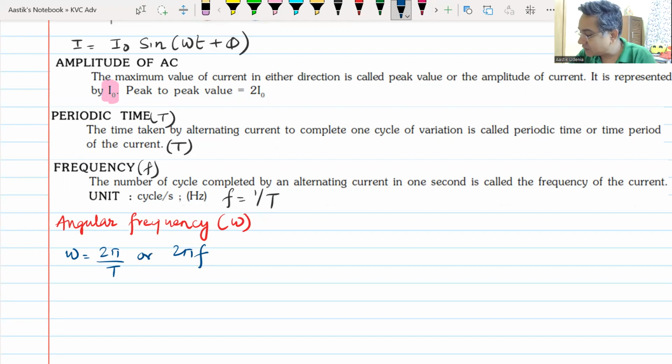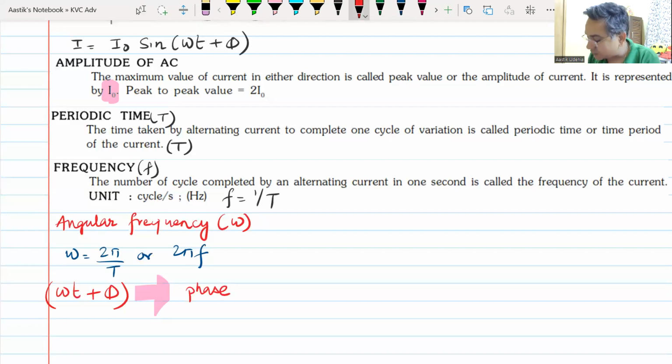Then we have this term omega t plus phi. This term omega t plus phi is known as what? This term omega t plus phi is known as the phase of the wave or phase of the sine wave or phase of the current. What is this term phi known as?